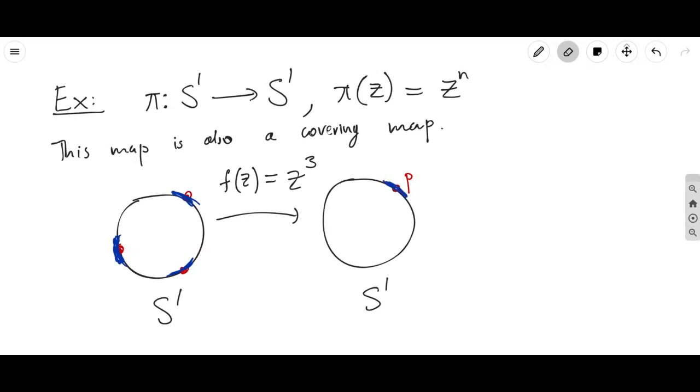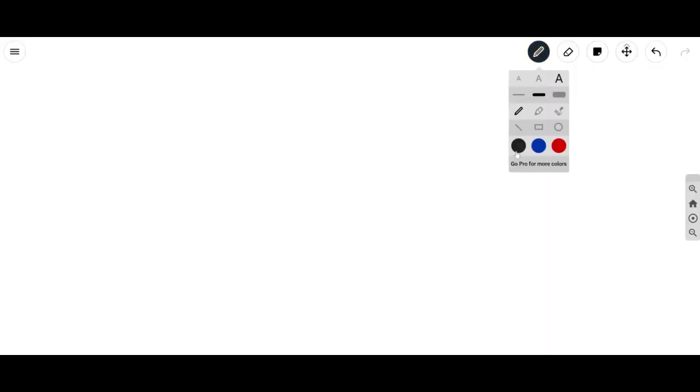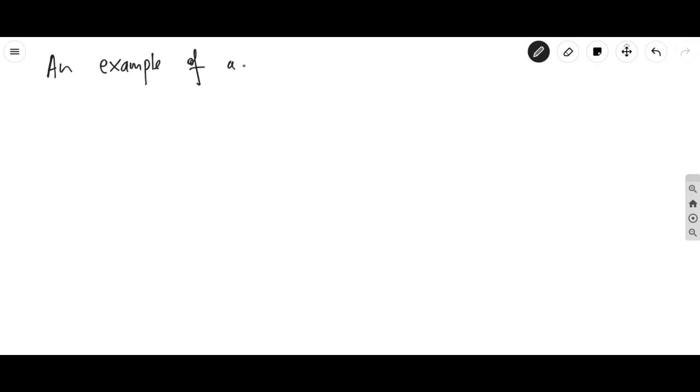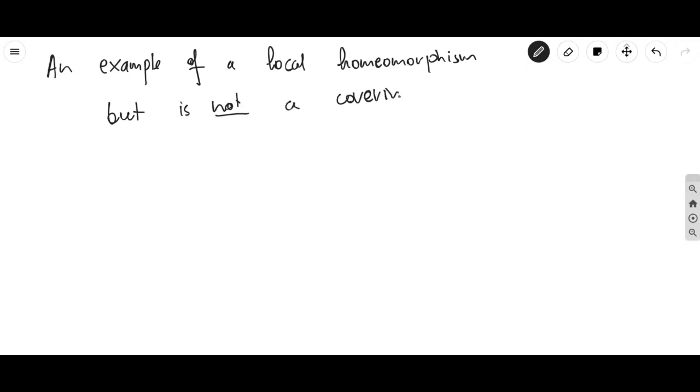Now let me give you an example of something that's a local homeomorphism but is not a covering map. I think this is helpful. This is an example of a local homeomorphism, and this will even be a surjective local homeomorphism, but is not a covering map.